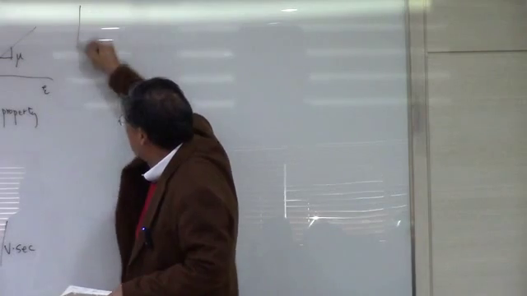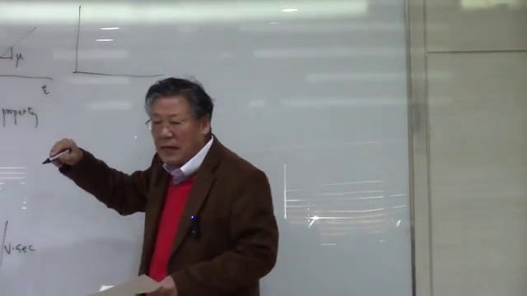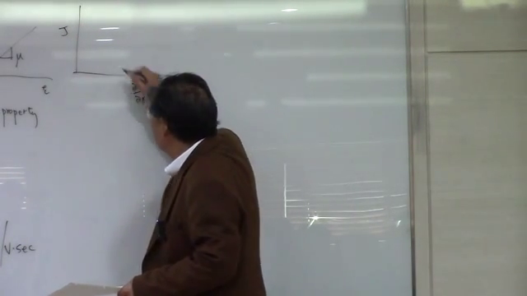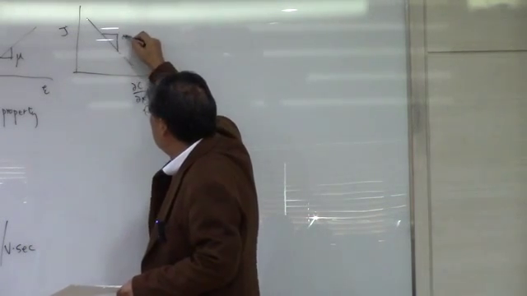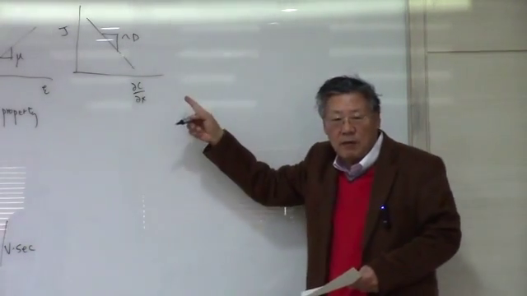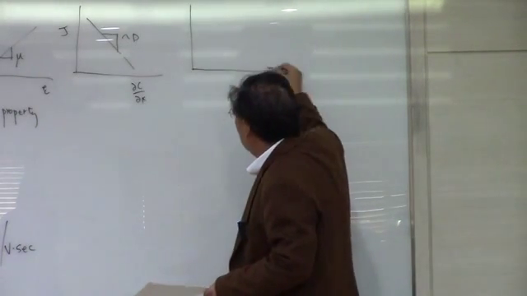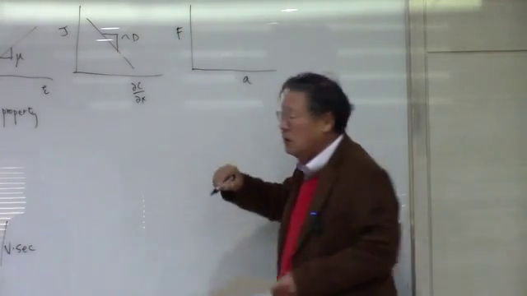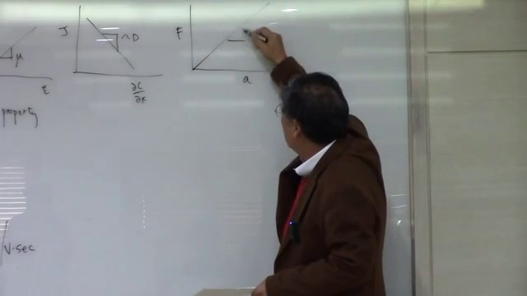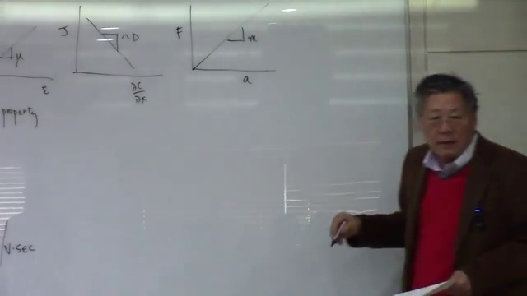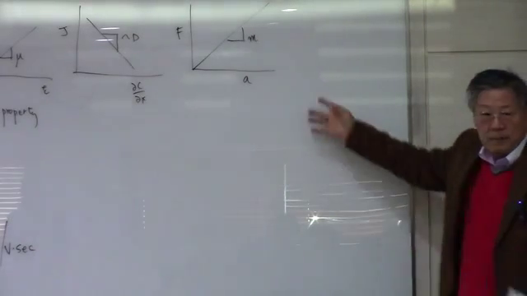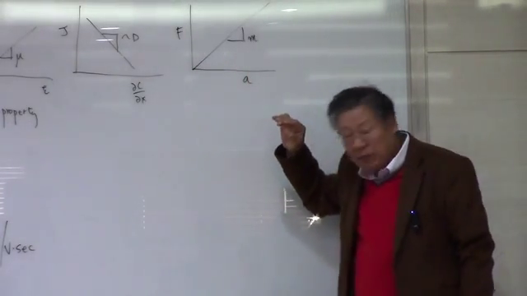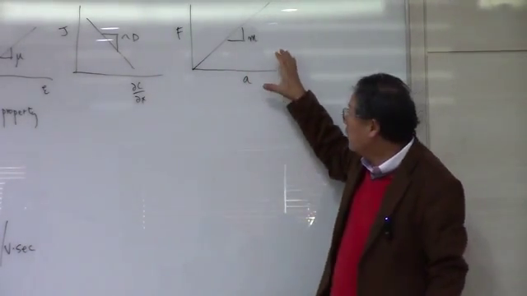We can see several of these in material science, like the flux and the concentration gradient, and we have a straight line, and that is the diffusion coefficient. That is Fick's first law. And also, if you have the force and acceleration, and we have a straight line, that is the mass. That is Newtonian. Now, this kind of thing is a very great invention, as a matter of fact, and very useful.